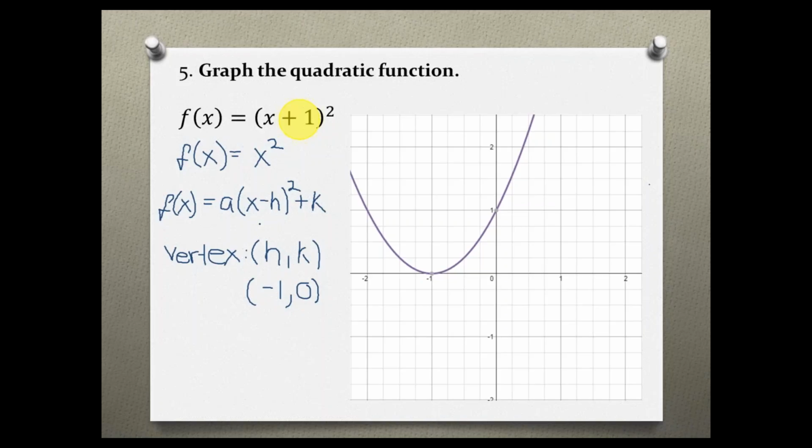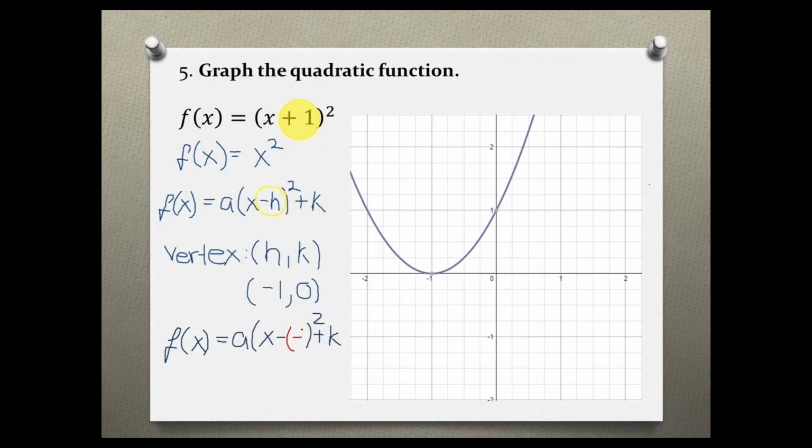Now going back to our vertex form of the quadratic equation, right here where we have the minus h part, the formula already has a negative sign, which means to get the x coordinate of -1, we have to plug in a -1 for h.